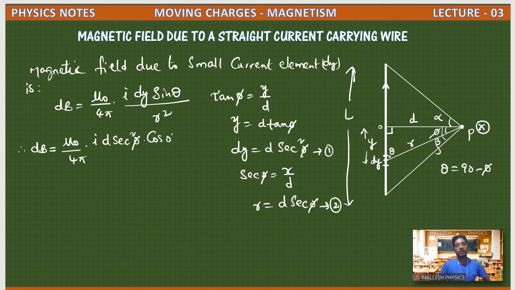So we write cos phi divided by r square, and r square means d square secant square phi. Here dy is equal to d secant square phi d phi.